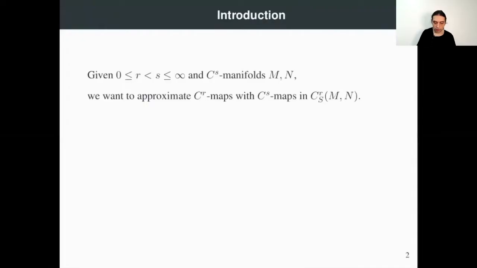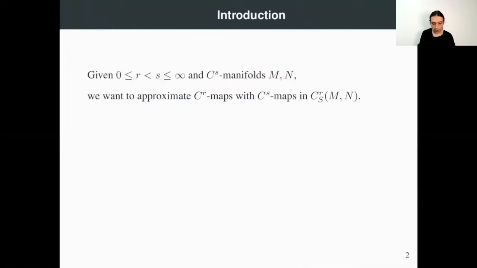In that way, we are going to be able many times, for many applications, to replace C^r maps with C-infinity maps without any loss of generality. Okay, so consider two C^s manifolds, M and N, and consider r, which is greater or equal than 0 and smaller than s.